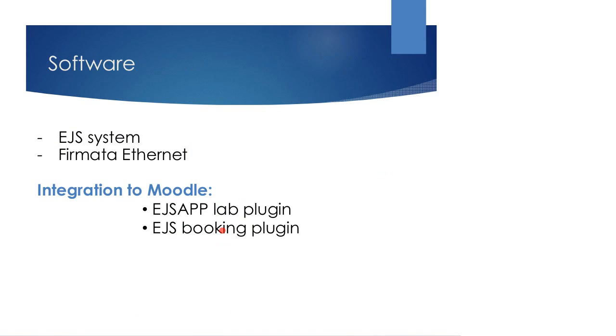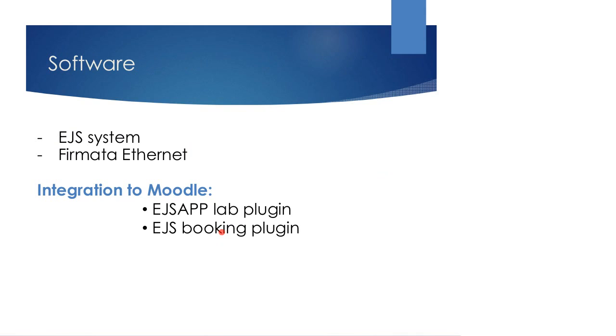The benefit of the EJS plugin is that the integration with Moodle platform and the booking system is already designed. In fact, a Spanish university designed this plugin, the Universidad Nacional de Educación a Distancia, UNED.